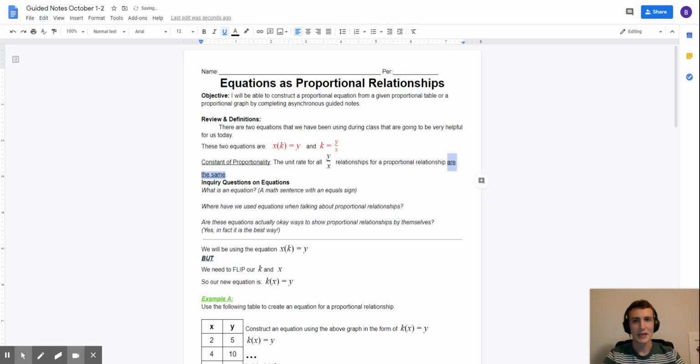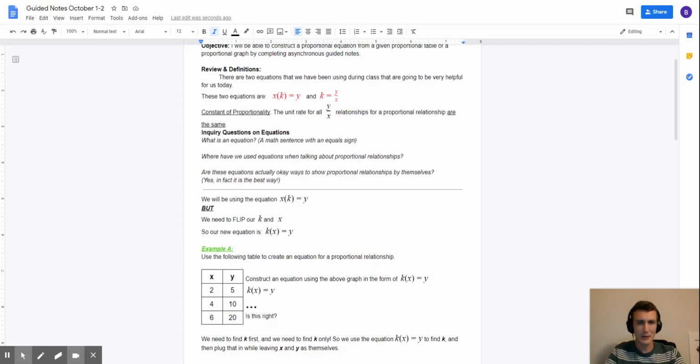They need to be the same. So that means, as we connect y and x, y over x gives us the same number every time. And x times a certain number equals y, and that certain number, k, is the constant of proportionality, right? So we know what that is.